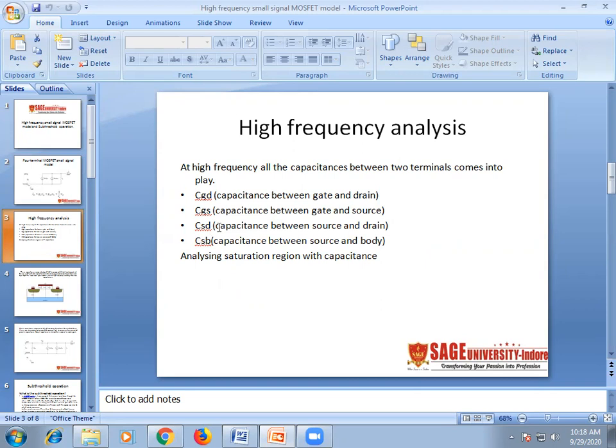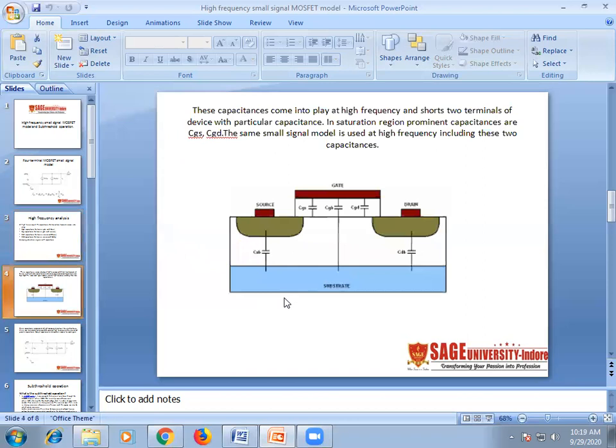shown by CSB. Now, graphically, if we want to show where these capacitors are present, we can see in this device. So here we have a source, here we have substrate or body.